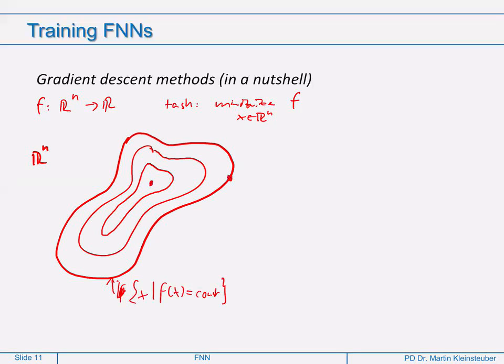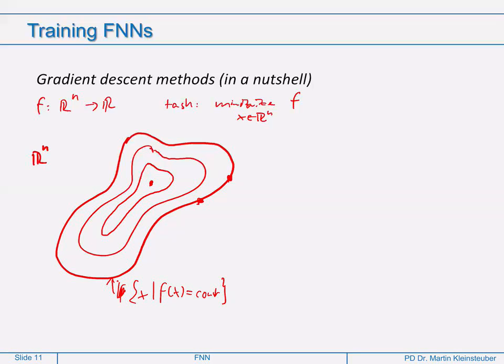On this point here, I compute the gradient. The gradient is a vector in the same space that our function is defined in, and it points into the steepest ascent of this function.